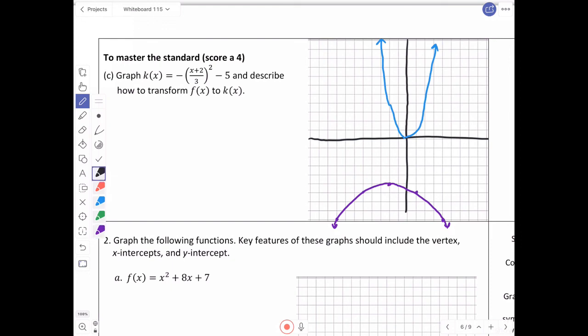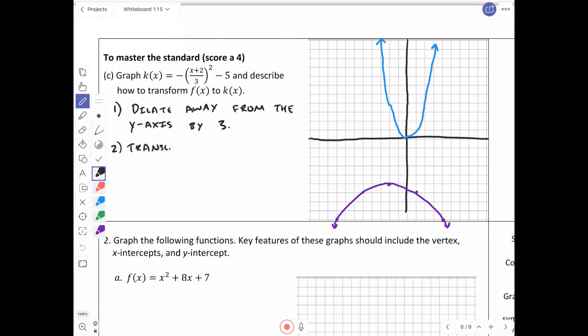And I could say 1, translate left two. Well, actually, I should really start by saying dilate away from the y-axis by 3.